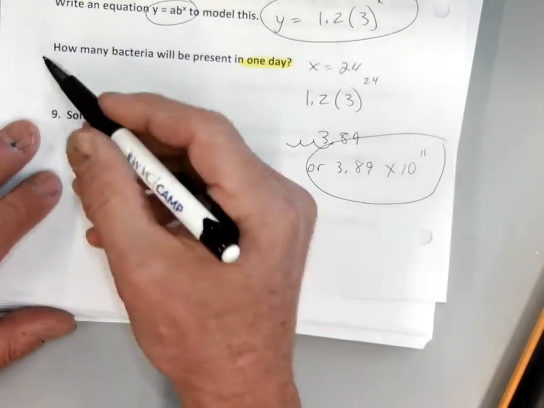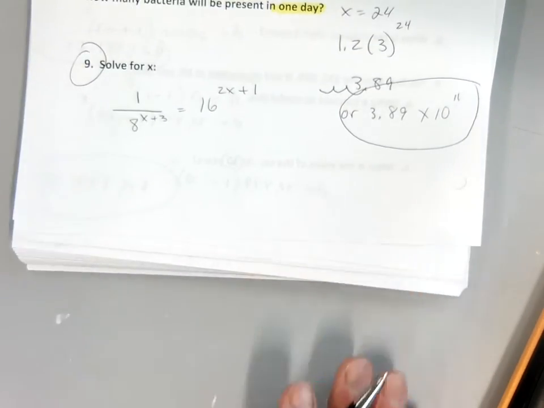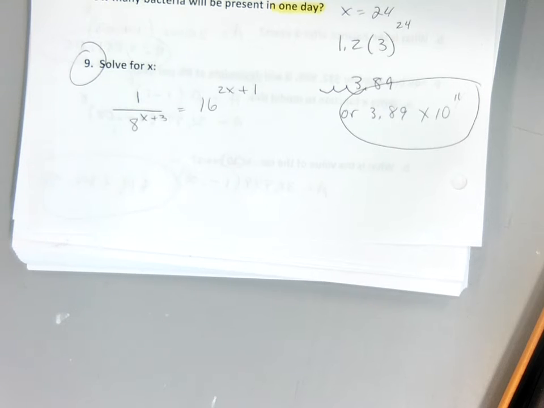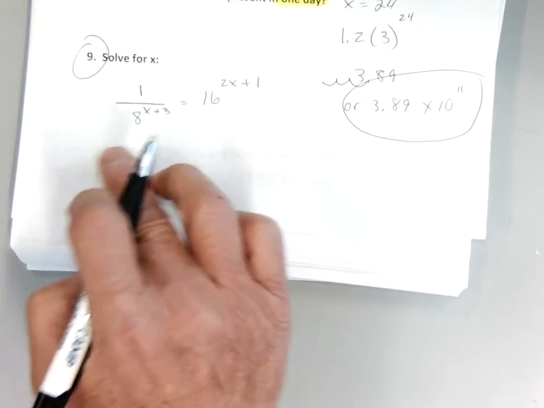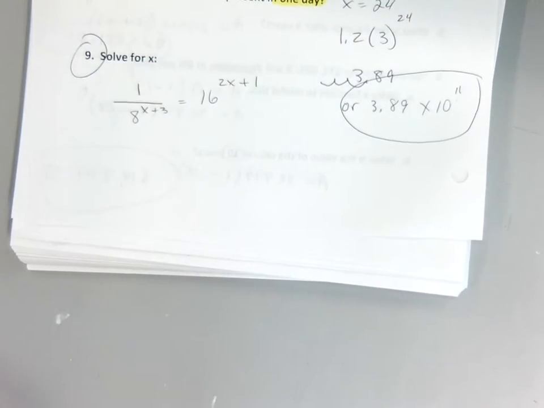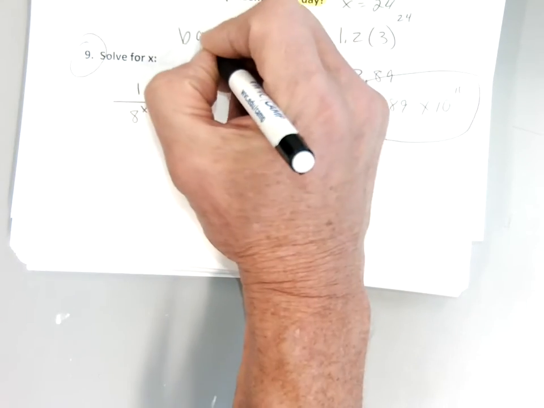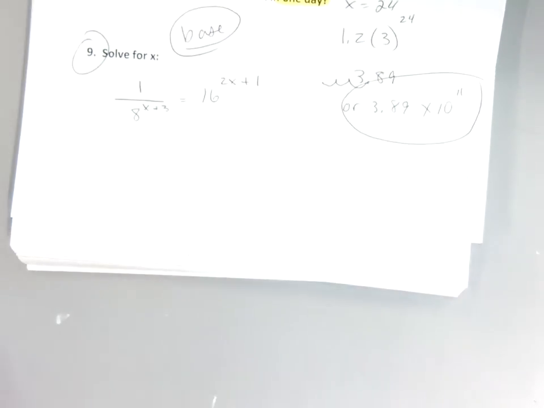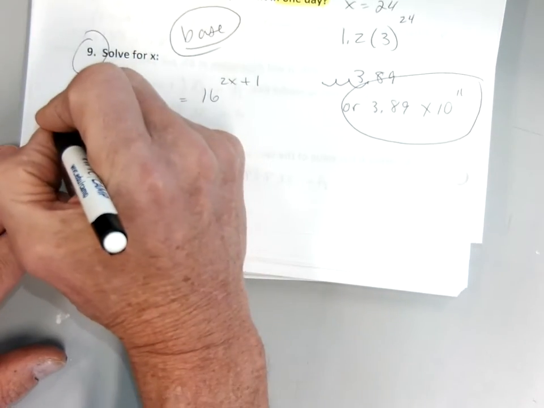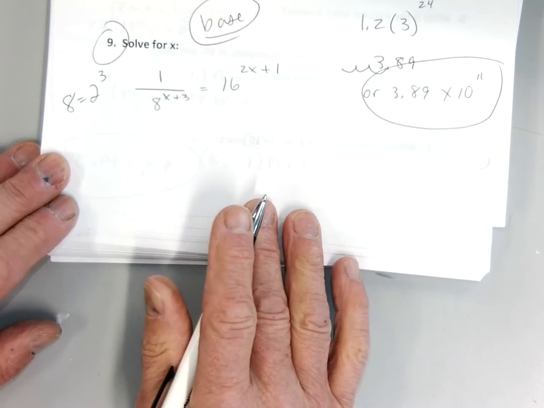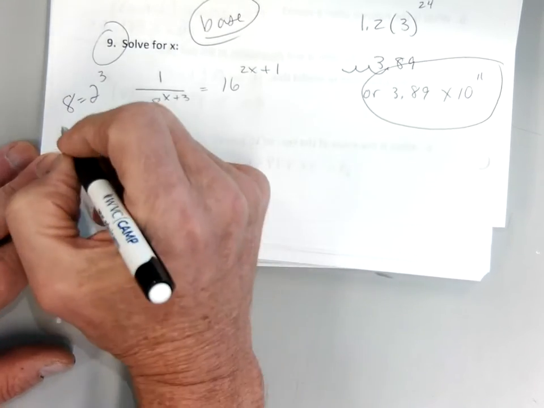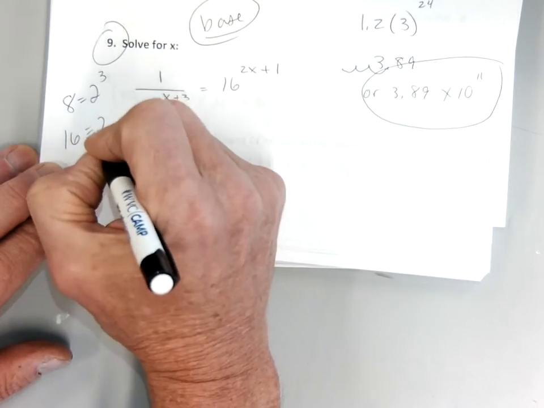All right, number 9. Put this in because your extra credit is like this. So what do we know? What's our base? What should be the base? 2 is right. We know that 8 is 2 cubed, and 16 is 2 to the 4th power.